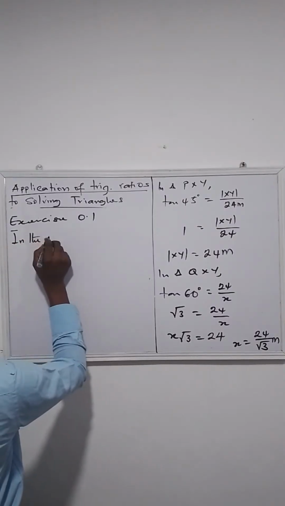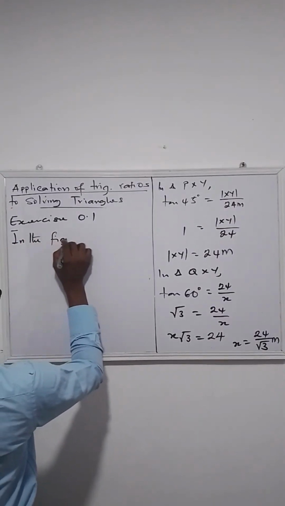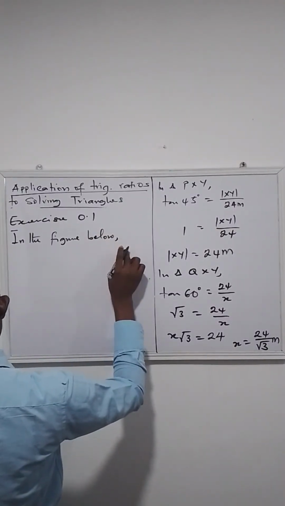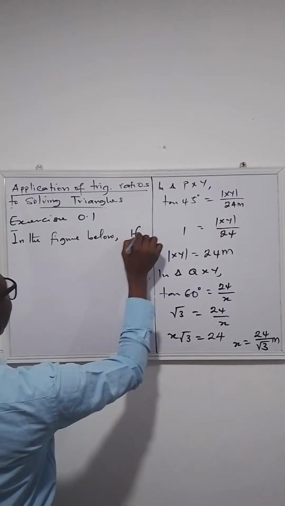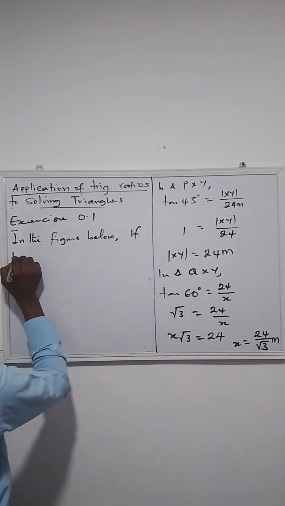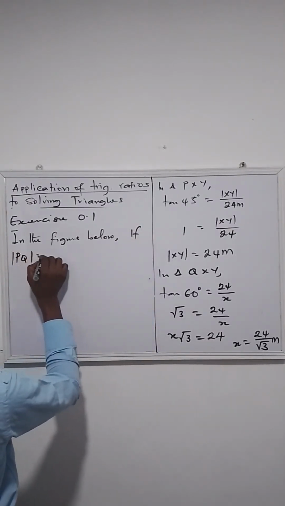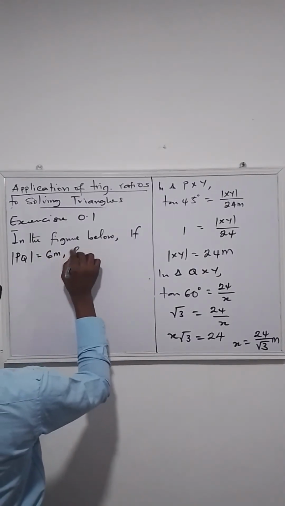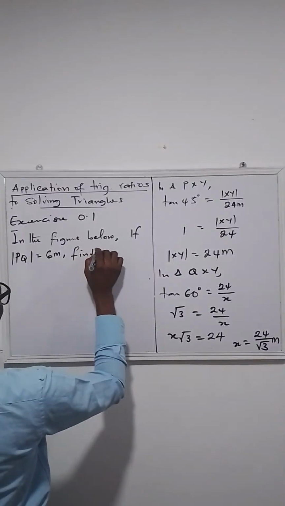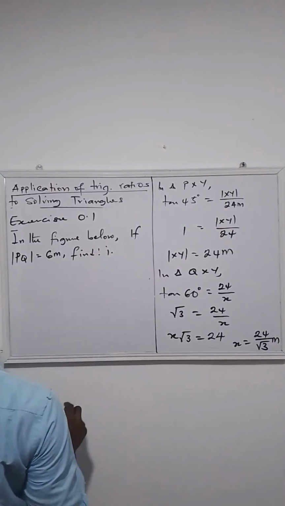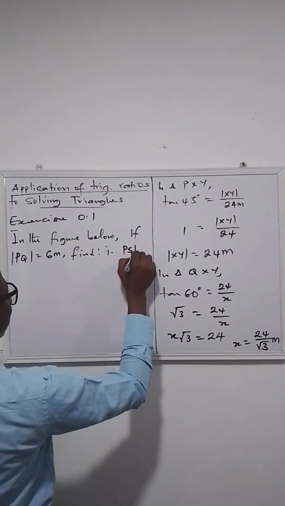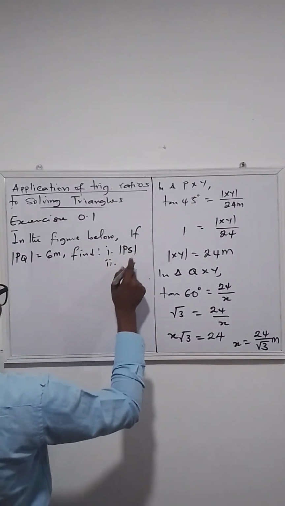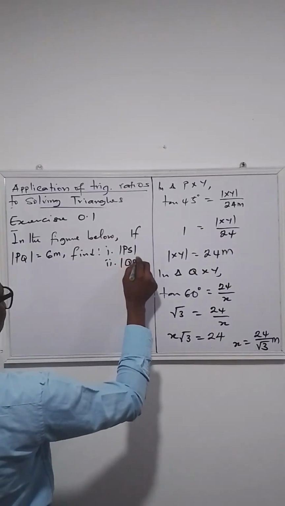In the figure below, if length PQ equals 6 meters, find Roman numeral 1, PX, and Roman numeral 2, QS.